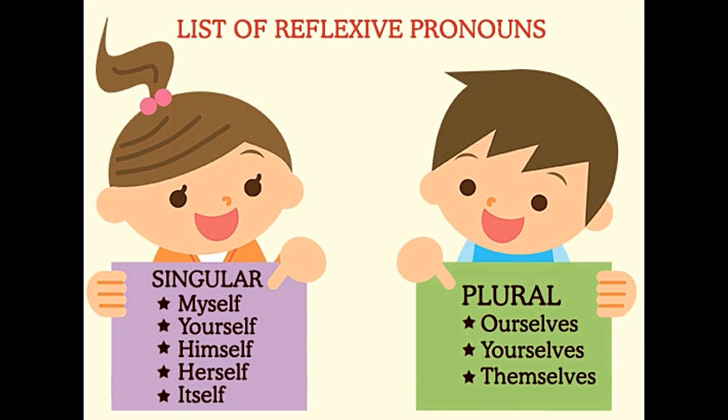Third person: he, she, it, himself, herself, itself, oneself; il, elle, se; él, ella, usted, se; er, sie, es, sich. Plural first person: we, ourselves; nous, nous; nosotros, nos; wir, uns. Second person: you, yourselves; vous, vous; vosotros, os; ihr, euch. Third person: they, themselves; ils, elles, se; ellos, ellas, ustedes, se.